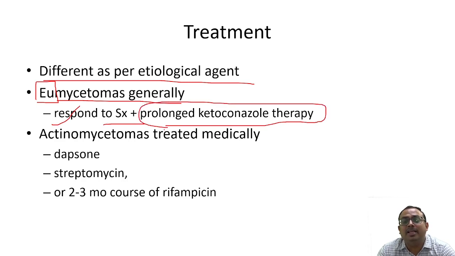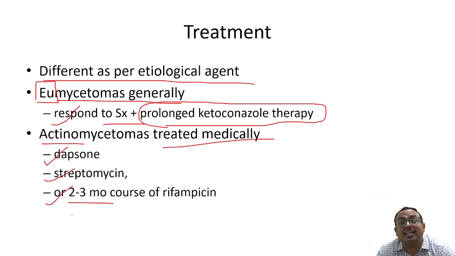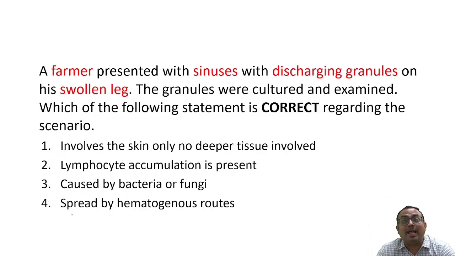Most of the time they respond to surgery and prolonged ketoconazole therapy. If it is a bacterial cause, then it is treated medically by drugs like dapsone, streptomycin, or a 2 to 3 month course of rifampicin. So the treatment modalities are different, and you clearly need to know the etiological agent so as to plan your treatment.